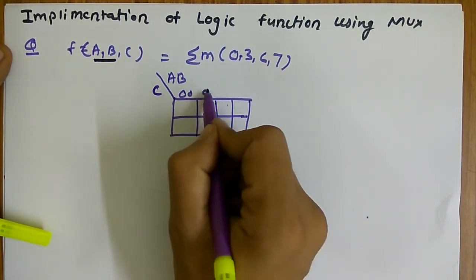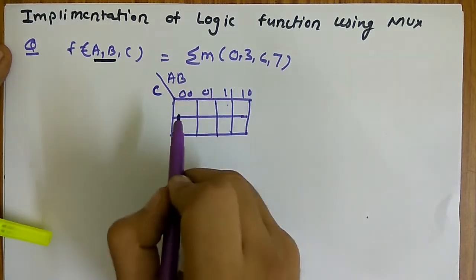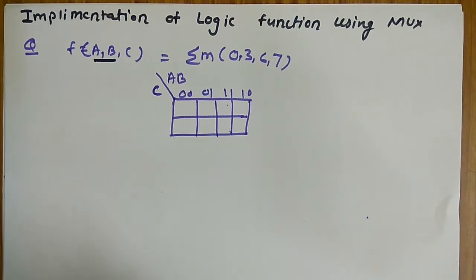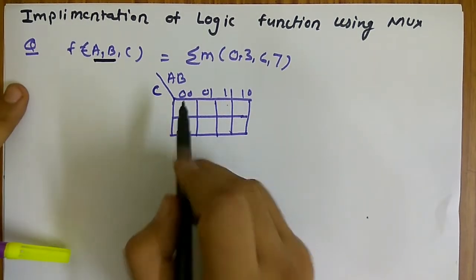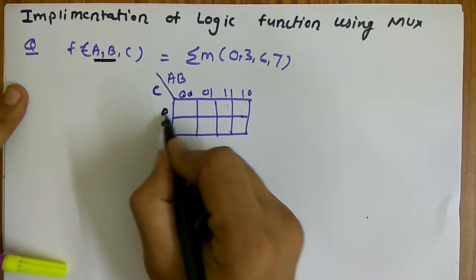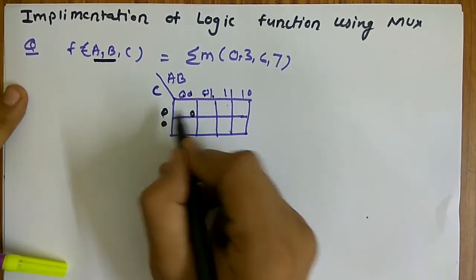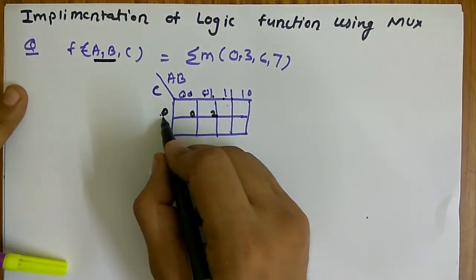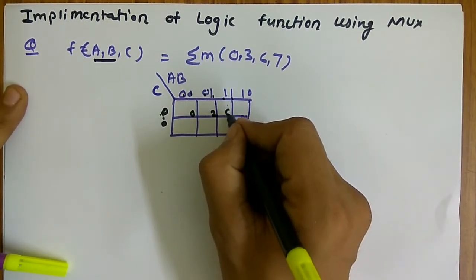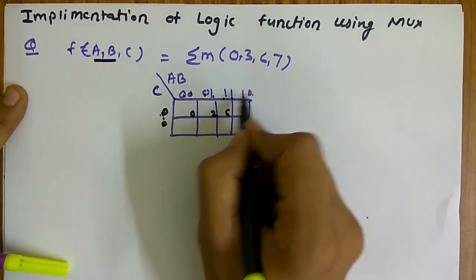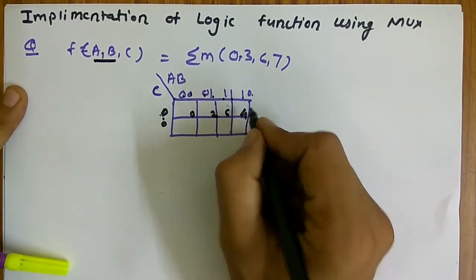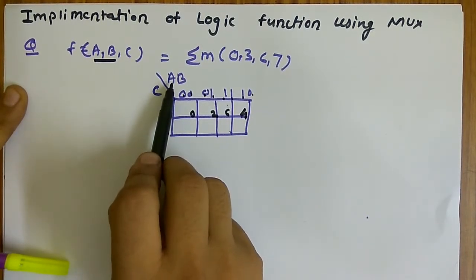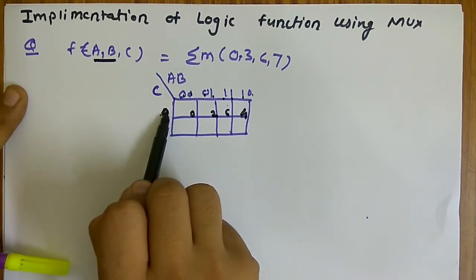So this is 0 0 0 1 1 1 0. We just have to write the minterms for this. What will be the minterms? 0 0 0 is 0, 0 1 0 is 2, 1 1 0 is 6, 1 0 0 is 4. As we have written that A is MSB and C is LSB, that's why I am taking this one first and then this one.